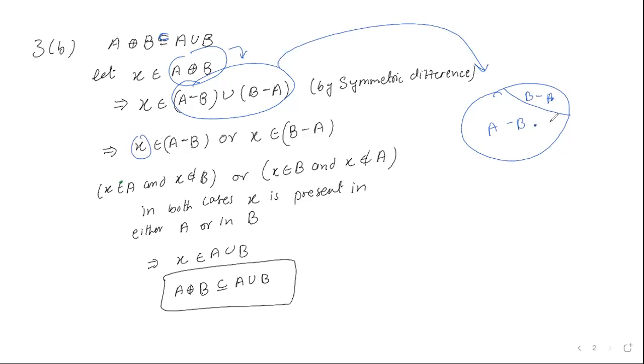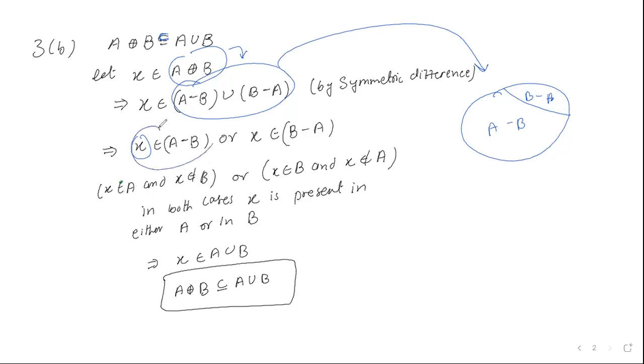Like, it can be here or it can be here. It cannot exist in both of these sets. The only scenario is if it is a common point between these two. So I say that it should belong to either of them, any one of them.